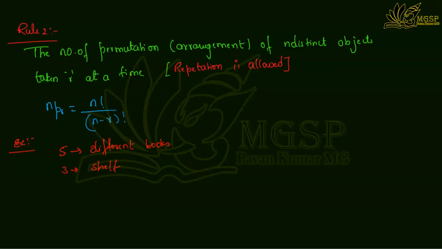Let's consider this 5 as n and this 3 as r. So these are the vacancies allowed, and this is the number of elements. So nPr becomes 5 factorial divided by (5 minus 3) factorial. This becomes 5 factorial by 2 factorial. So what answer do you get? 60 ways.